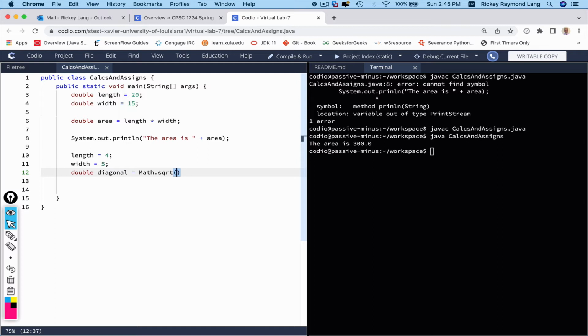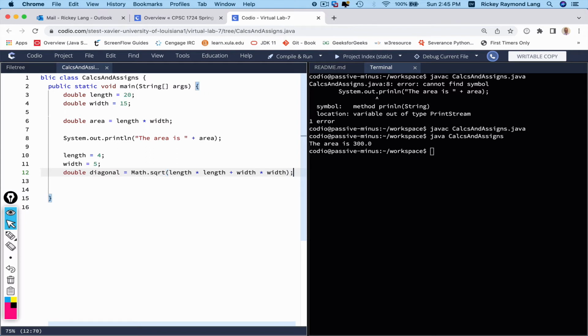We want length squared plus width squared. So that would be length times length plus width times width.